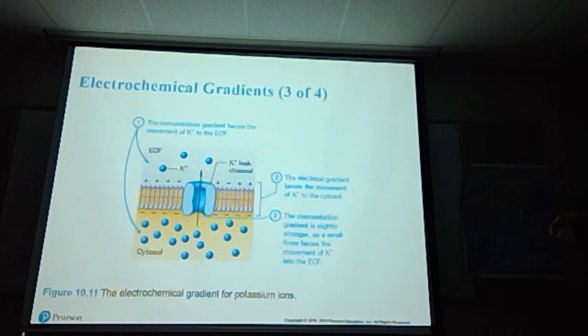The electrical gradient is going to want these ions to move this way, but the concentration gradient is going to want them to move that way. And since the concentration gradient is slightly stronger, a small force favors the movement of potassium into the extracellular fluid.